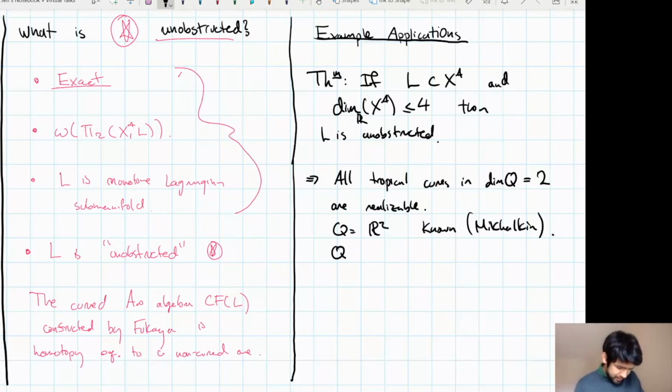For Q equal to T2, which is an example where you'll end up building the mirror to abelian varieties, for algebraic realizability, this is some very recent work of Nishinou from, I think, 21.